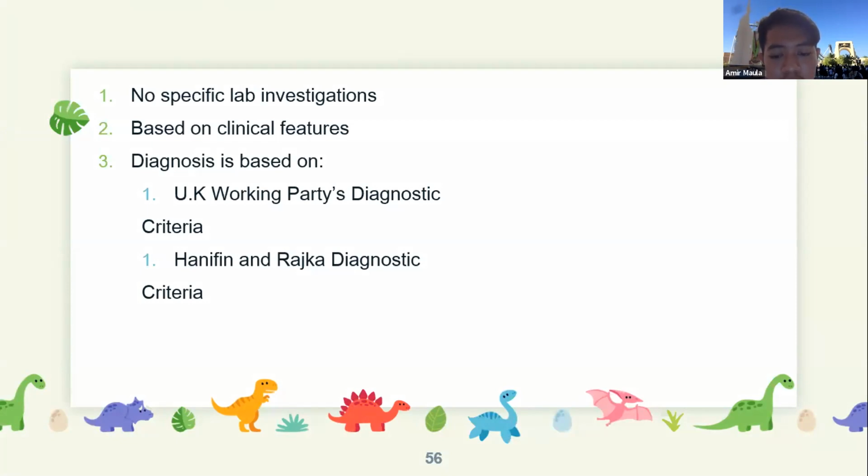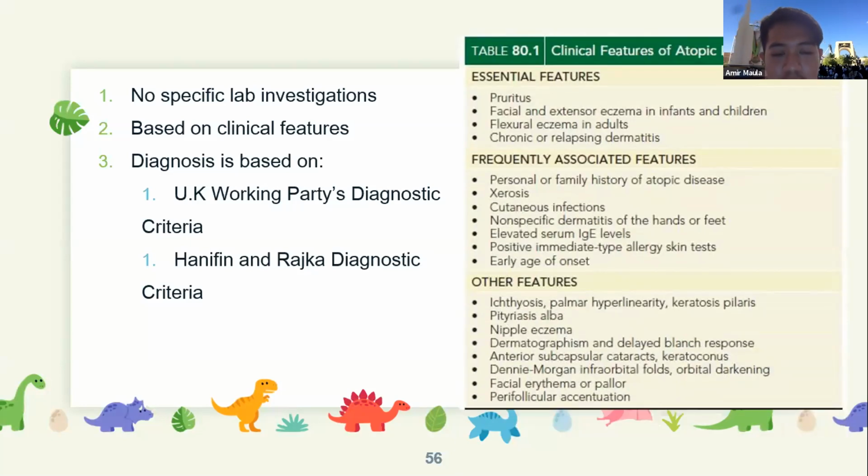In the CPG, they said that the UK Working Party's criteria have higher sensitivity and specificity than Hanifin and Rajka, with about 99% to 100% sensitivity and specificity. But the PITS protocol uses the Hanifin and Rajka diagnostic criteria. Next.